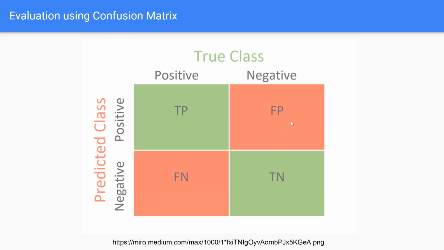One thing that I found really nice about this is that by putting it in this form, you can see the relationship between the different classes, and maybe one type tends to be misinterpreted as another type. So this would be a really nice way of taking a look at the relationships between the different predictions and the answers. Yeah, so that's one way of evaluating it.